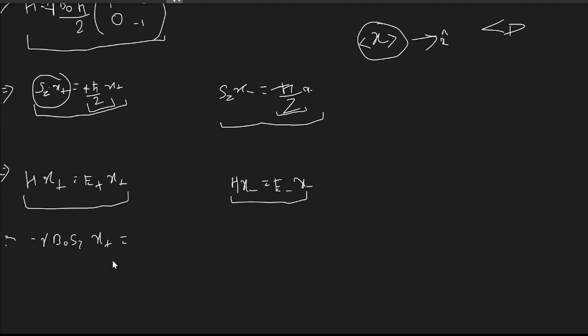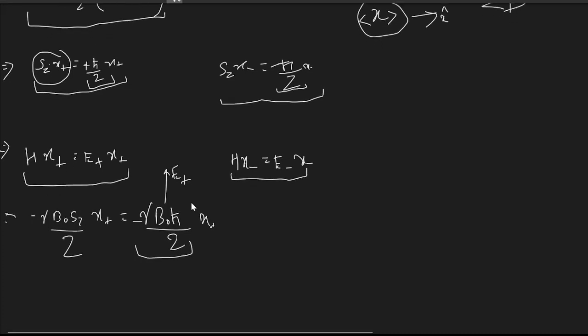So you will get the same B naught, h bar divided by 2, negative, and here is spin up. This is our eigenvalue in this case, and this eigenvalue is the energy when the particle has spin up.